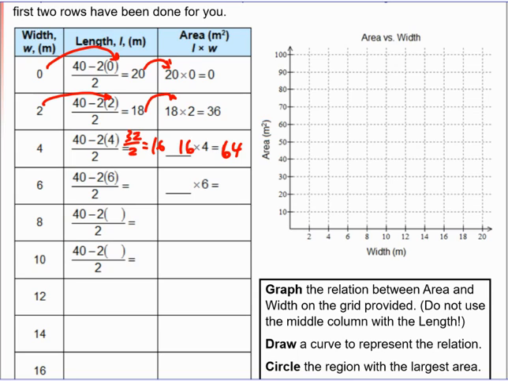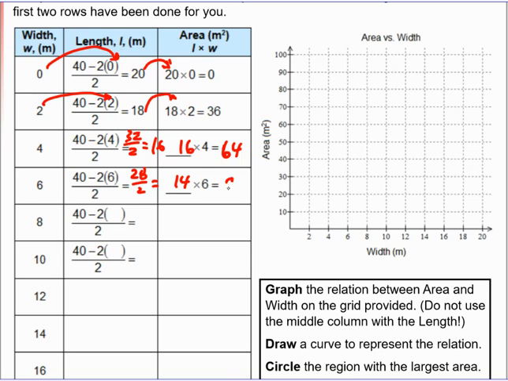All right, we'll try again. So if you're having a hard time, let's take the next few up. So again, 40 minus 12. 40 minus 12 is 28. Okay, so 28 divided by 2 is going to give us the number that goes in here, actually. 28 divided by 2 is 14. 14 times 6 is 84.